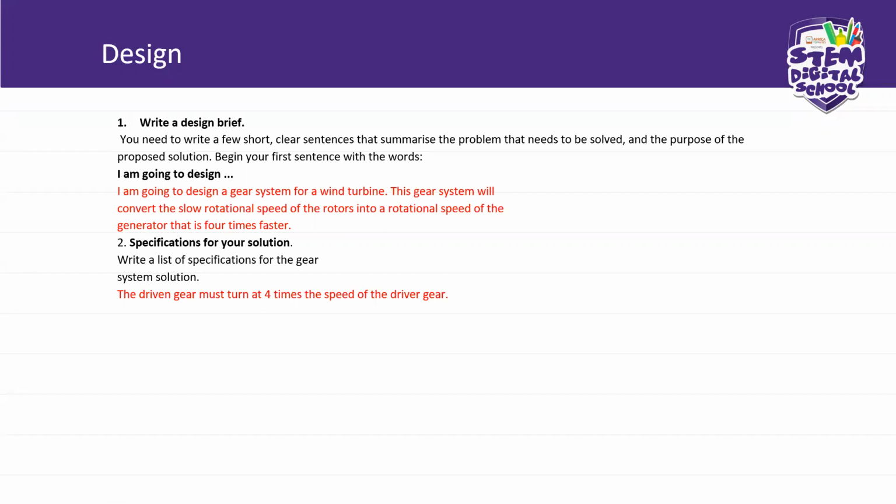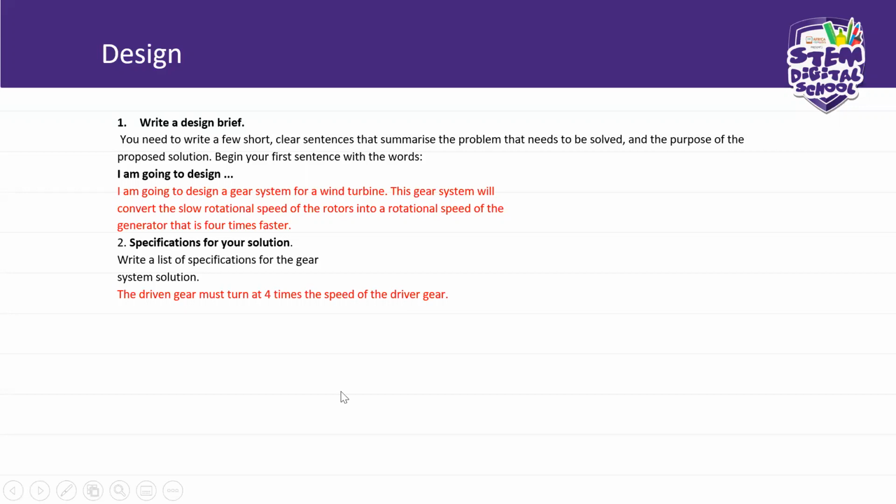So we need to make the driver gear a gear that is 3 times smaller than the driven gear because we want mechanical advantage. In this case, in the wind turbine, we want a speed advantage system that is 4 times faster. So we are going to make the driver gear 4 times bigger than the driven gear so that we have a speed advantage that is 4 times bigger. Okay?